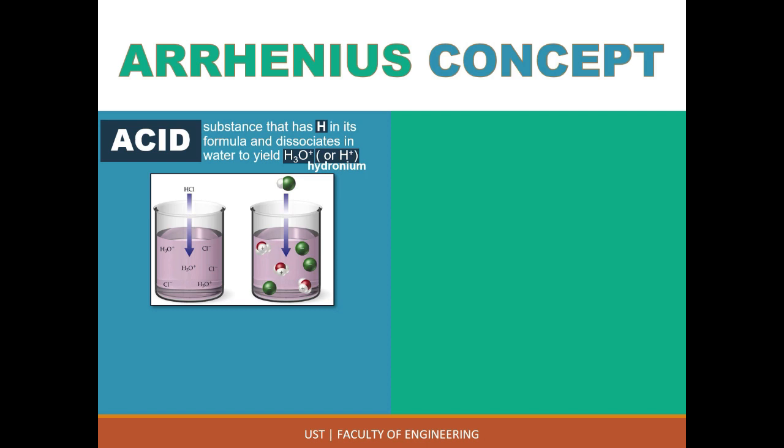As shown in the example, HCl, which contains H in its formula, when dissolved in water, dissociates to hydronium ion and chloride ion. This process could be presented as HCl plus H2O yielding H3O+ and Cl-, or simply HCl yielding H+ and Cl-.